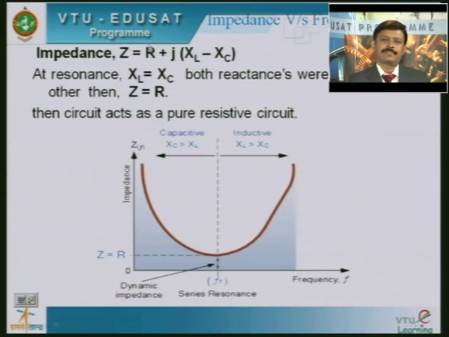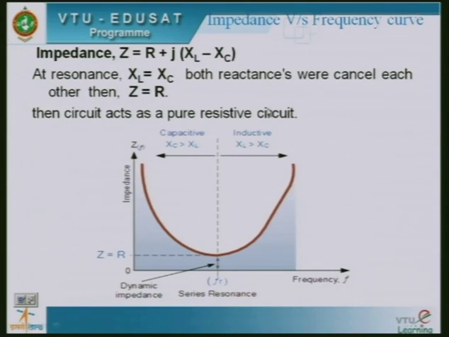Next graph, coming to the other characteristics, we can plot the impedance versus frequency curve. As I told already, impedance Z is equal to R plus j into XL minus XC, the expression for impedance in an RLC circuit. At resonance, the inductive reactance is equal to the capacitive reactance, and both reactances cancel each other.